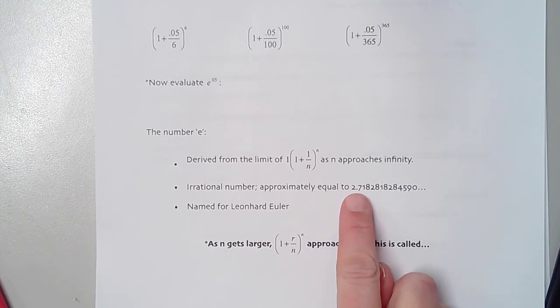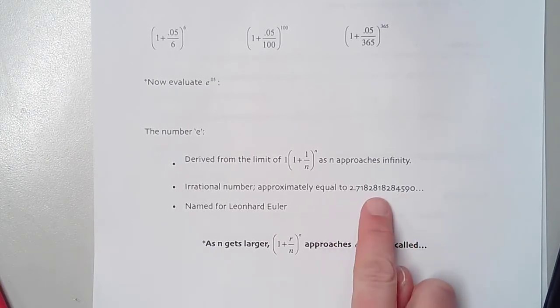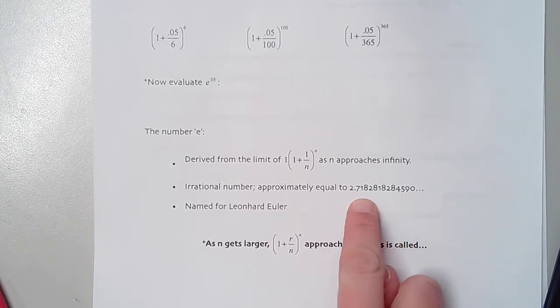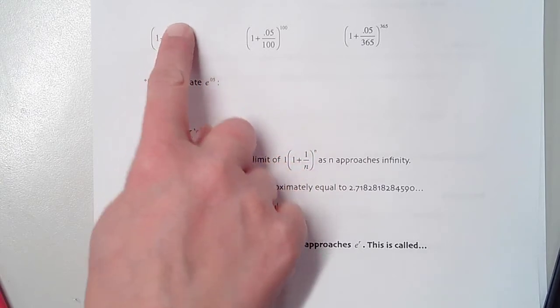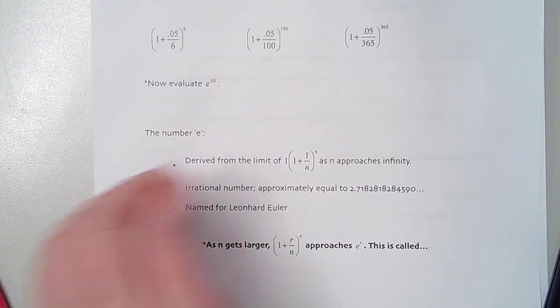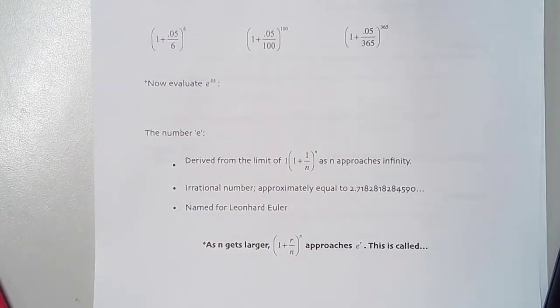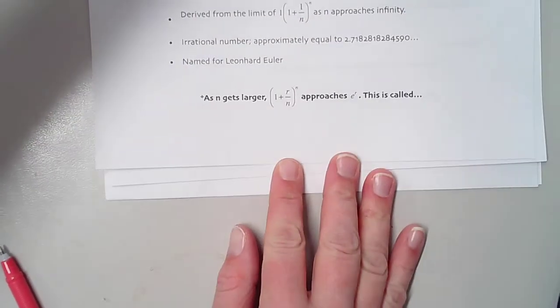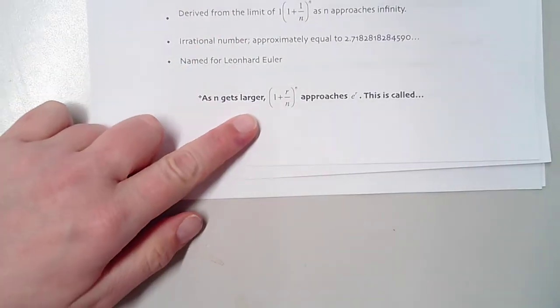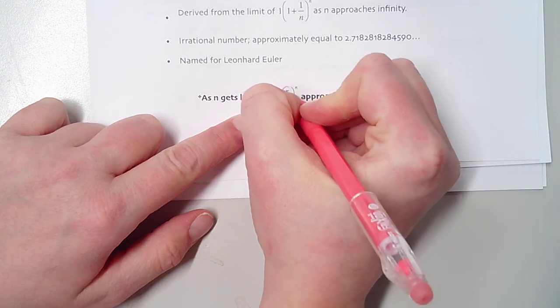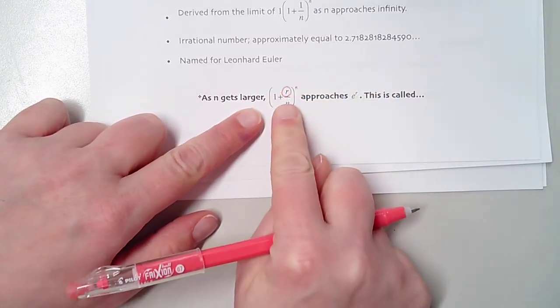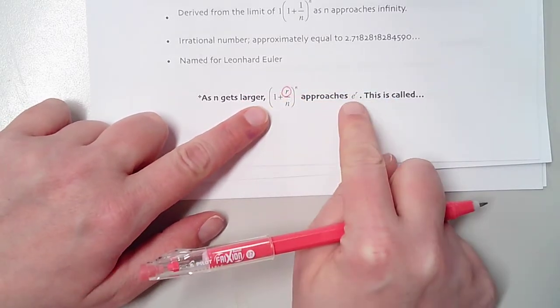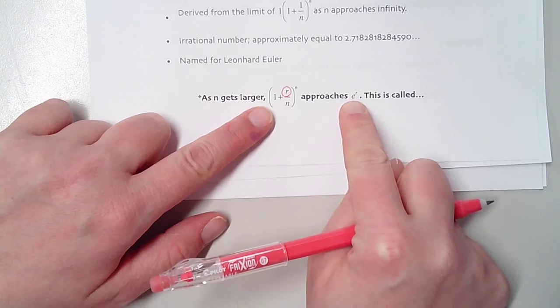But this value e, this number, when you raise it to the power of this interest rate, it gives you an approximation of what that would look like if you were compounding continuously. Okay? So, as we make the n value larger, so notice that this expression now has this r back in it, what's going to happen is this thing really becomes equivalent to just e to the power of r.